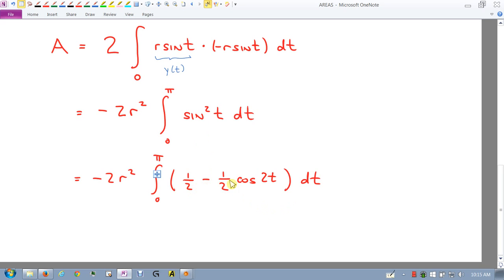And now integrate these term by term. So what's the antiderivative of 1/2? You get, what is it, 1/2 t? And then what's the antiderivative of all this right here? It's been a long time or something, right? Antiderivative cosine 2t?